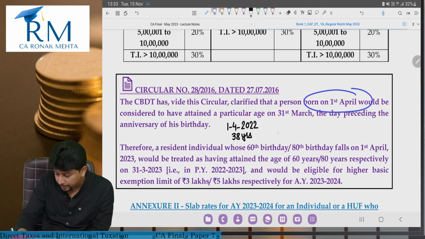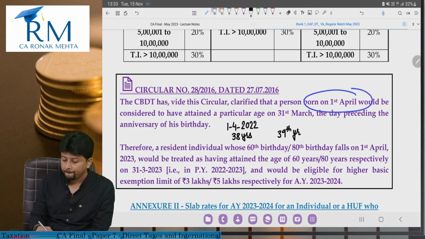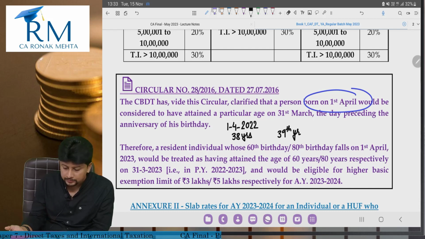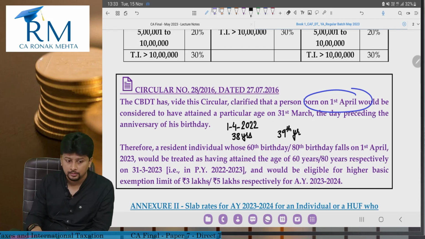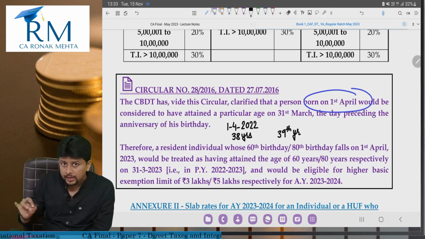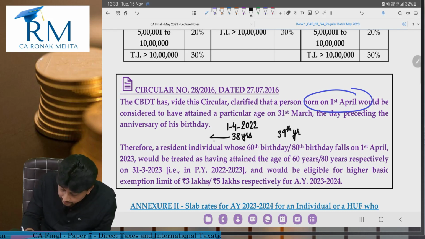So you are stepping into the 39th year of your life. You have not completed 38 years on 1st April. You have completed 38 years on 31st March.